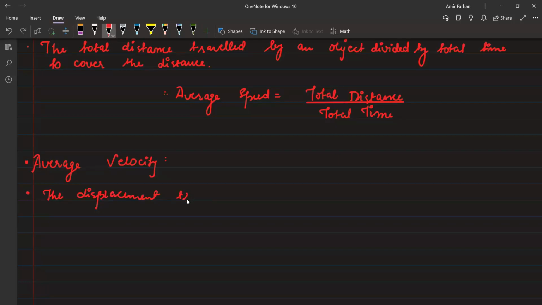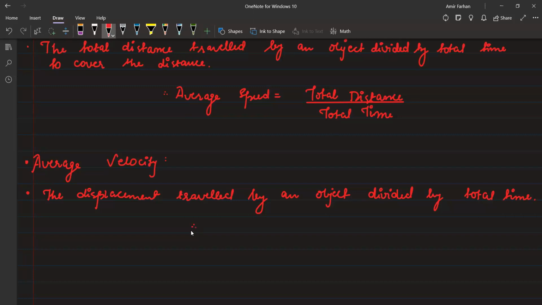Displacement by an object divided by total time.